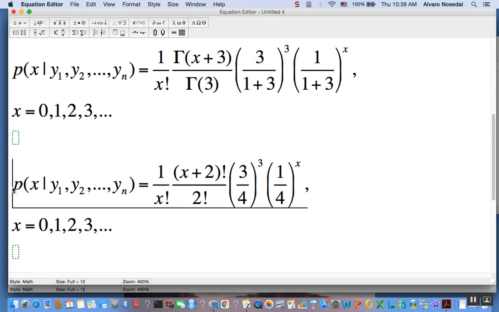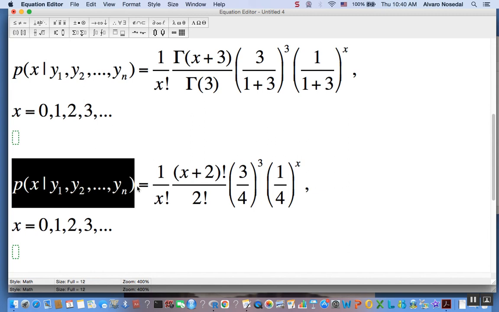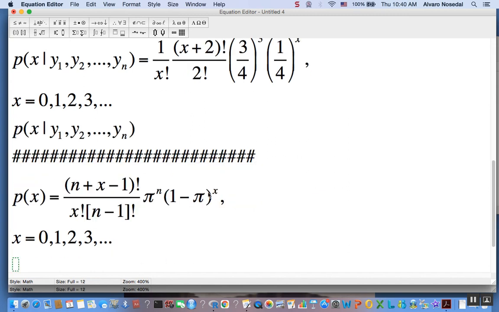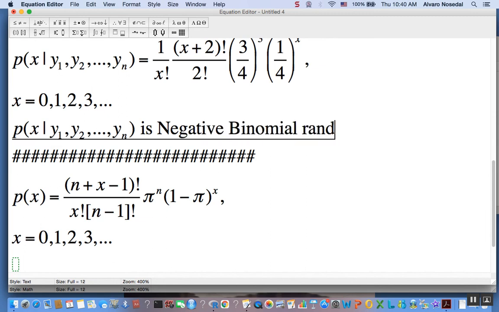This guy, our posterior predictive distribution, is a negative binomial random variable. It's another way of saying it.